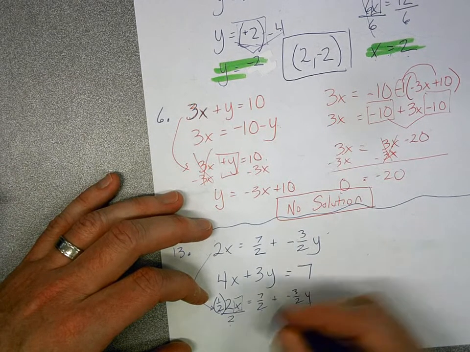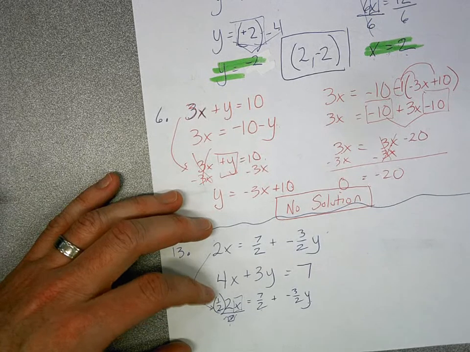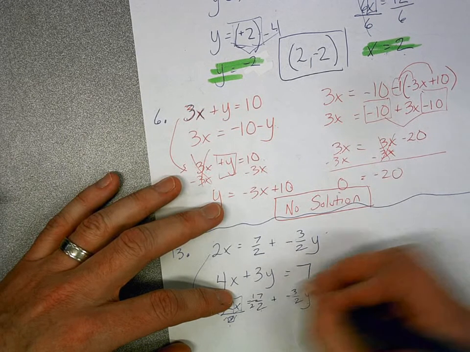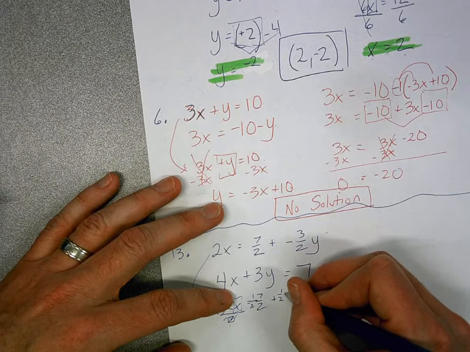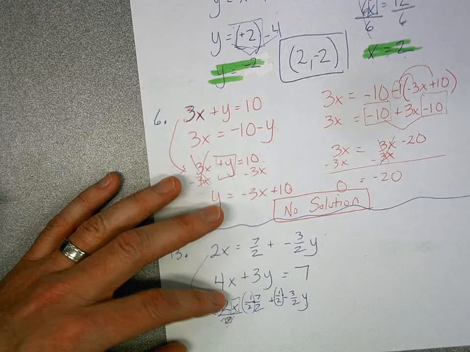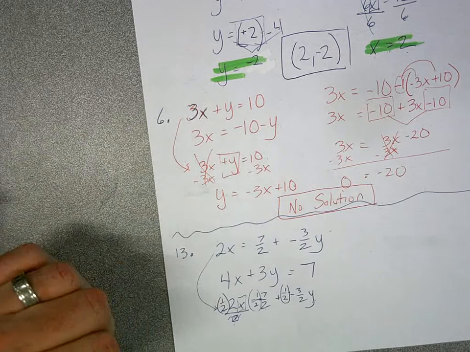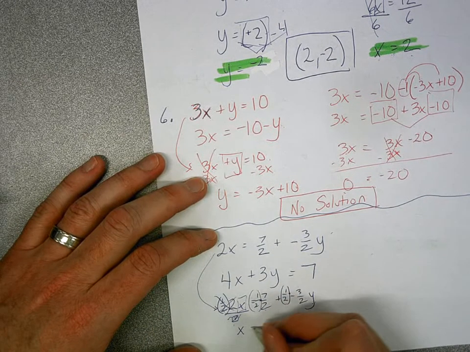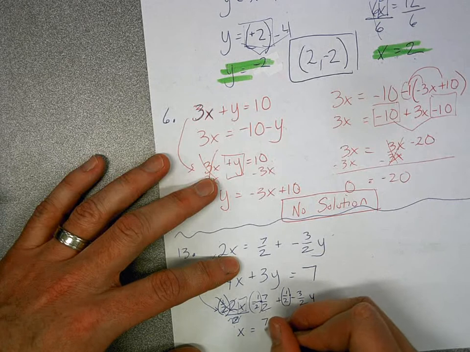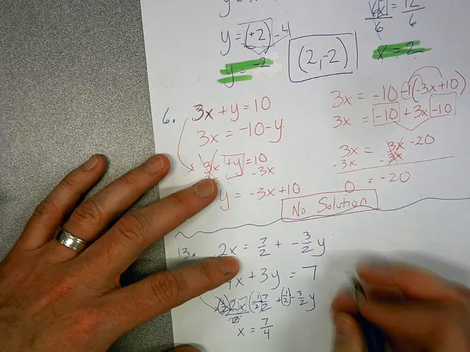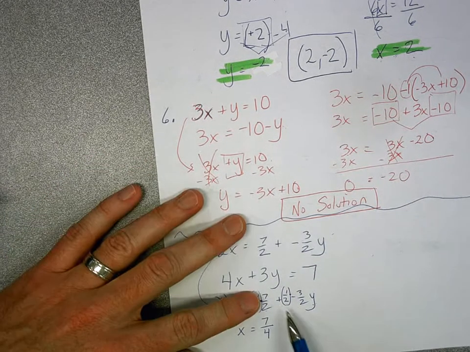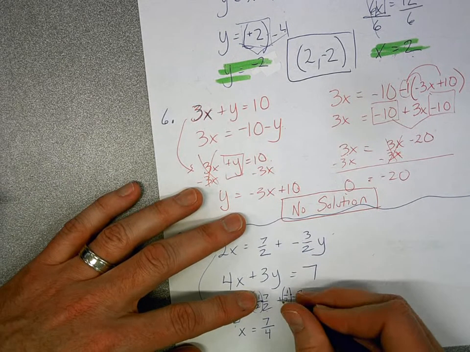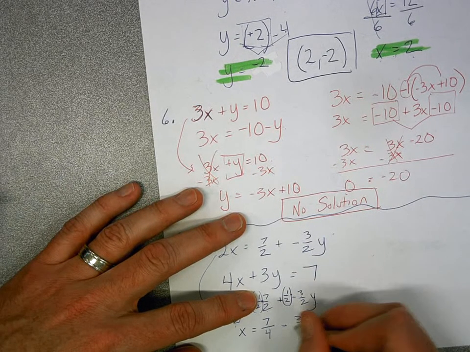If I do that, I would then multiply each term on the other side by 1/2. So these cancel. I end up with x equals 7/4. And then I have 1/2, that is, of course, a positive times a negative. So negative 3/4 y.